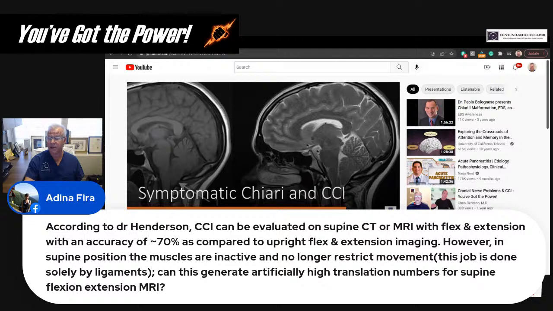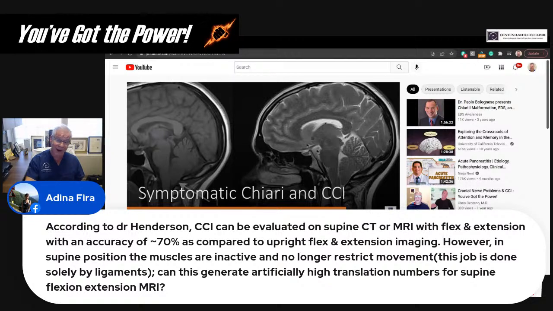I think upright imaging with flexion and extension is a great technology. It's a great addition, but it doesn't always get us to be able to make that CCI diagnosis. As I've said before, DMX, or digital motion X-ray, is more likely to get us to that diagnosis. But obviously everyone's going to be different in how they diagnose CCI at this juncture.